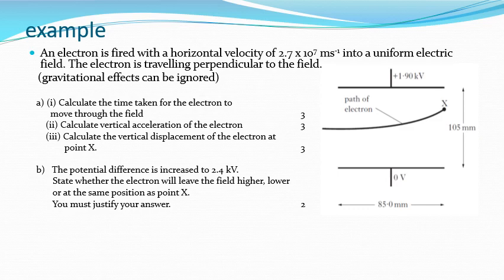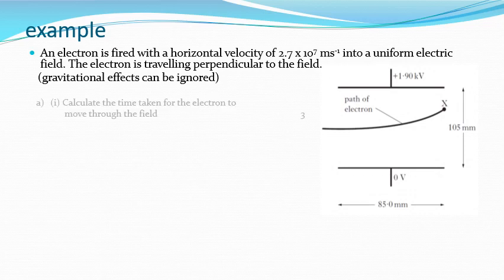We're going to work out the time taken for the electron to move through the field from the left side to the right side, and then determine the acceleration and the vertical displacement. So how far has it moved up at point X? And then we're asked to explain what will happen to the position of the electron if we increase the potential difference, and justify our answer.